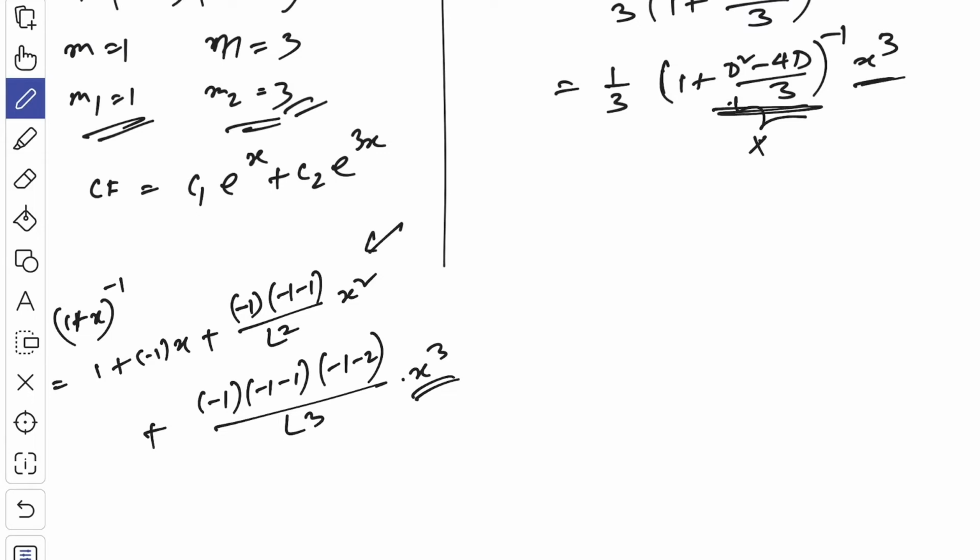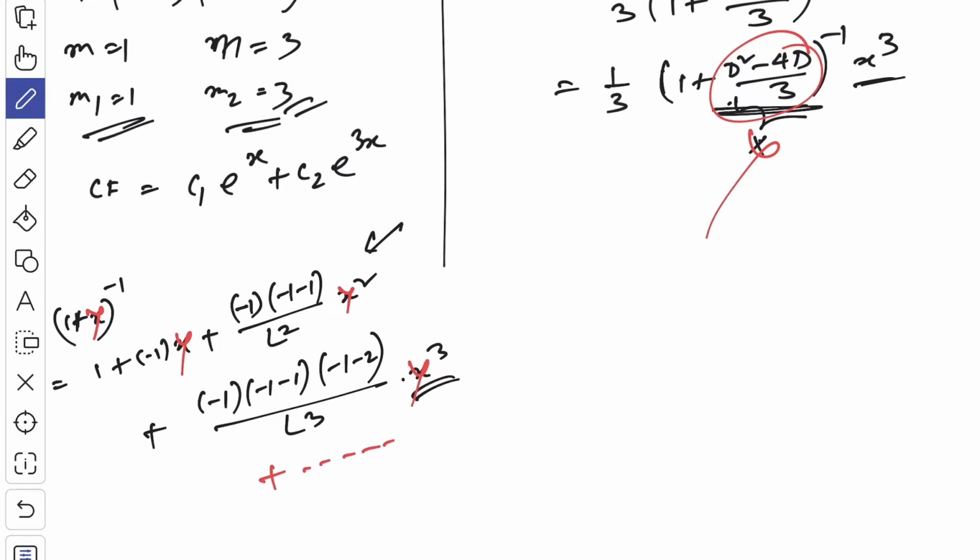In this expansion, let me write y instead of x, then you will understand better. So here let us represent this one by y. So we are going to consider only these 3 terms.